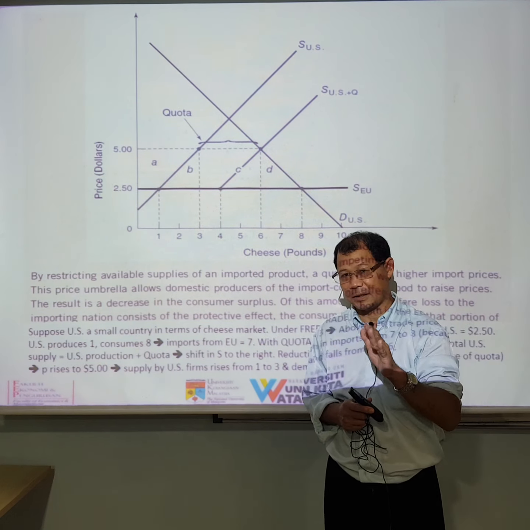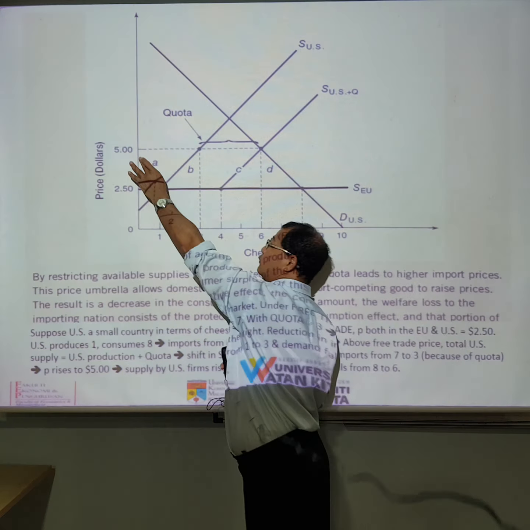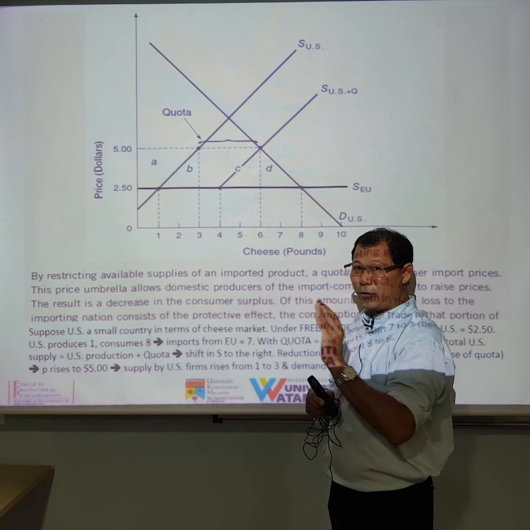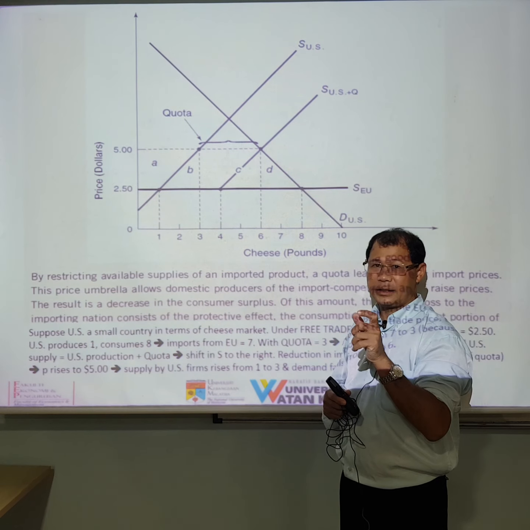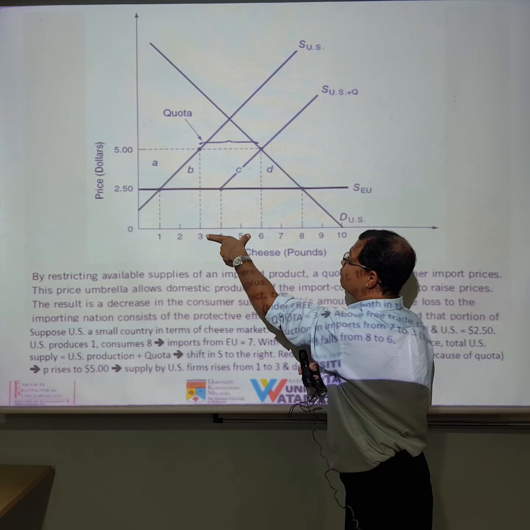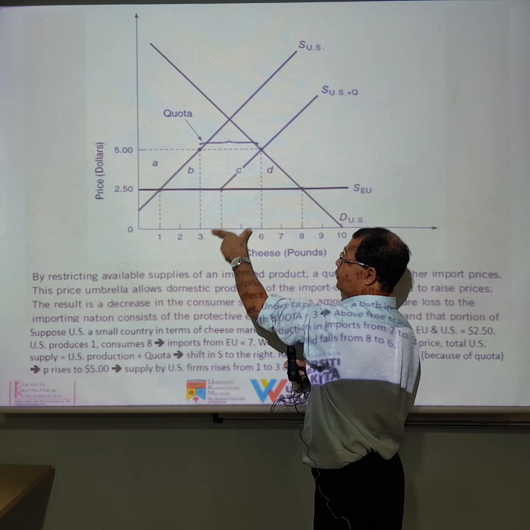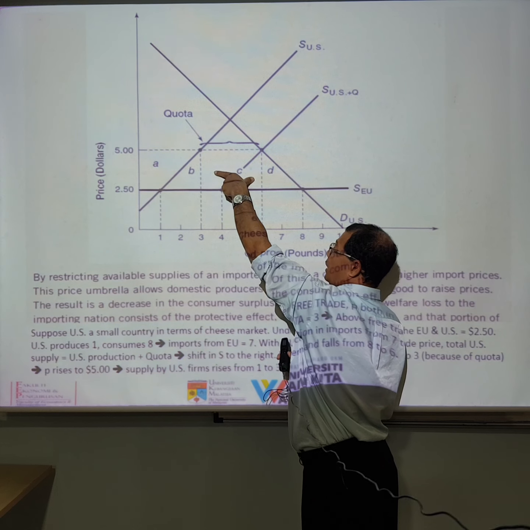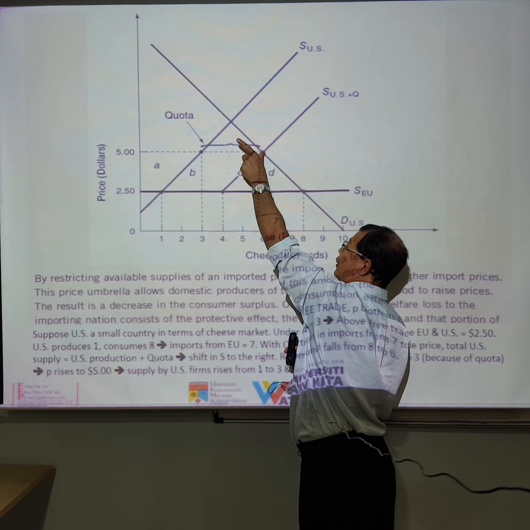However, this is the difference. With a quota, we do not know the price ahead of time. Is it here, here, here, the line? We don't know; we know it later. Given that 3 is the number of units that can be imported, the quota, we bring it up from here, up, up, until it intersects here.